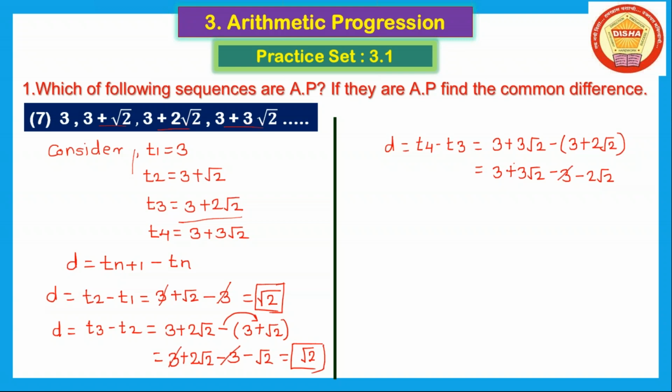Again minus 3 plus 3 cancel, and 3 root 2 minus 2 root 2 is equal to root 2. So the common difference for the next two consecutive terms is root 2. See here it is root 2, root 2, root 2. We see that the difference between any two consecutive terms is root 2 and it is constant.